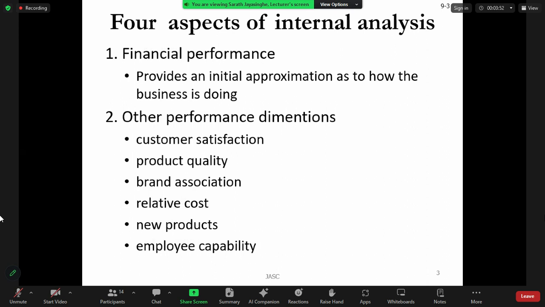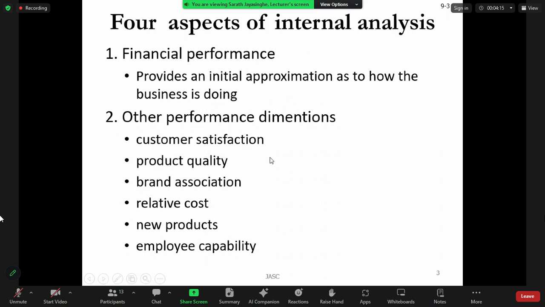Then four aspects are there in internal analysis. One is financial performance, so that is the finance aspect. We'll try to understand that. Then the second, there are some other performance dimensions. For example, customer satisfaction.